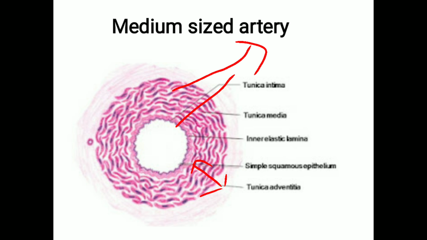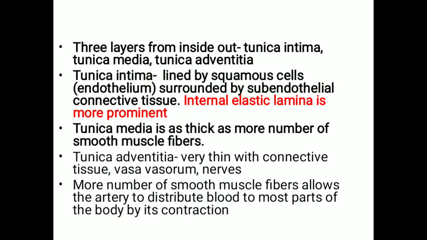Next point, you can see one more very prominent feature here, the wavy internal elastic lamina running like this. So these are the identification points for the medium size artery. Look here, three layers from inside out: tunica intima, tunica media and tunica adventitia.